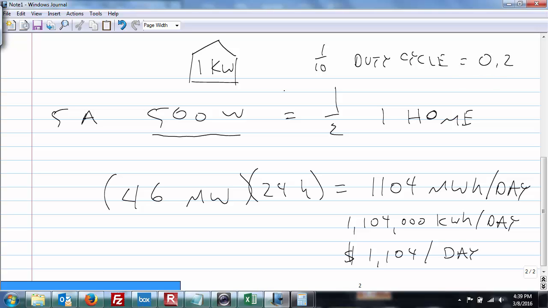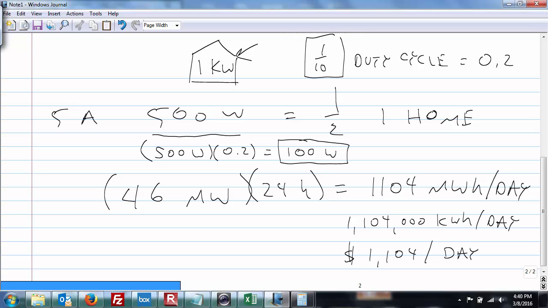Right, because 500 watts times 0.2 equals 100 watts, and 100 watts is about 1/10 of a house. So, on average, your fridge is sucking in about 1/10 of your power bill, based on the fact that it's only running about 1/5 of the time.